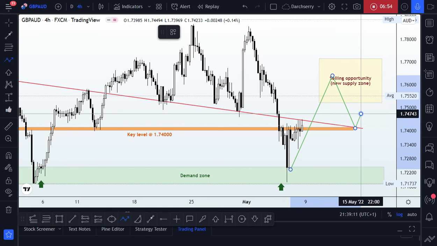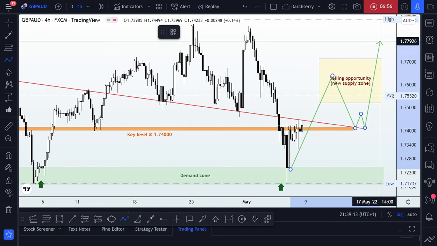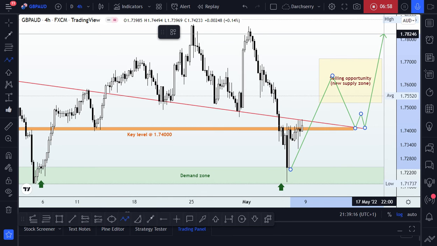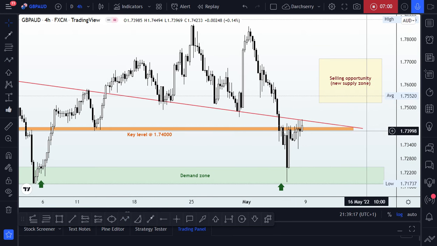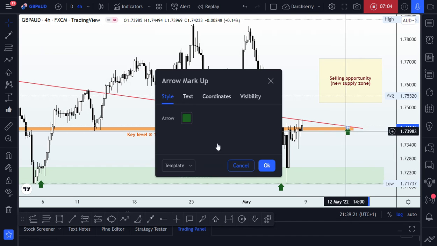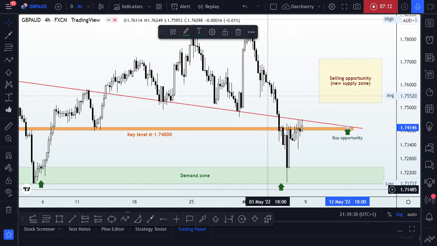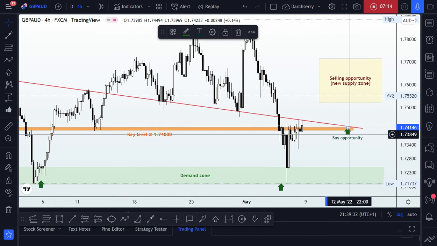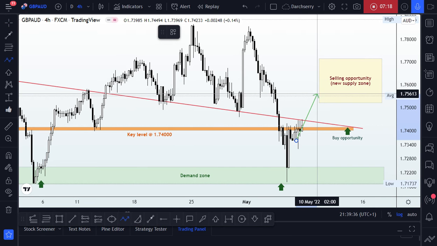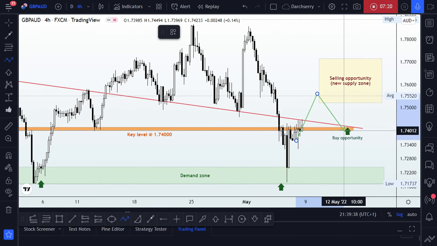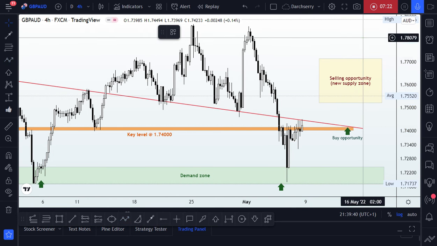And if we see a reversal structure, then we want to be buying and using that trend line as our guide for buying opportunity. If price breaks out of that trend line, then we might be seeing a bullish trend at this point. So a sell-back comes in, then we might be seeing something like that.